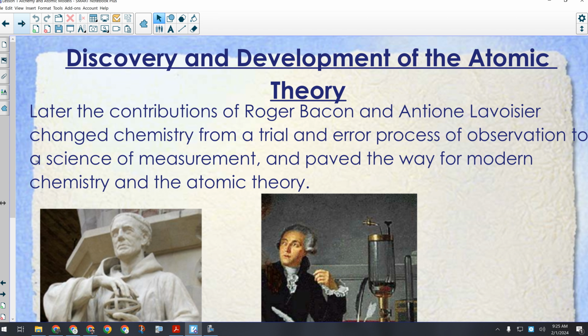Lavoisier and Bacon came up with the scientific method. They're the ones that said, if you want to do true controlled science that actually tells you something, you have to run a controlled experiment. You have to have variables that you're keeping track of, things that you're measuring. You're only testing one thing at a time. You're allowing other people to verify and repeat your experiment, to see if they get the same results.